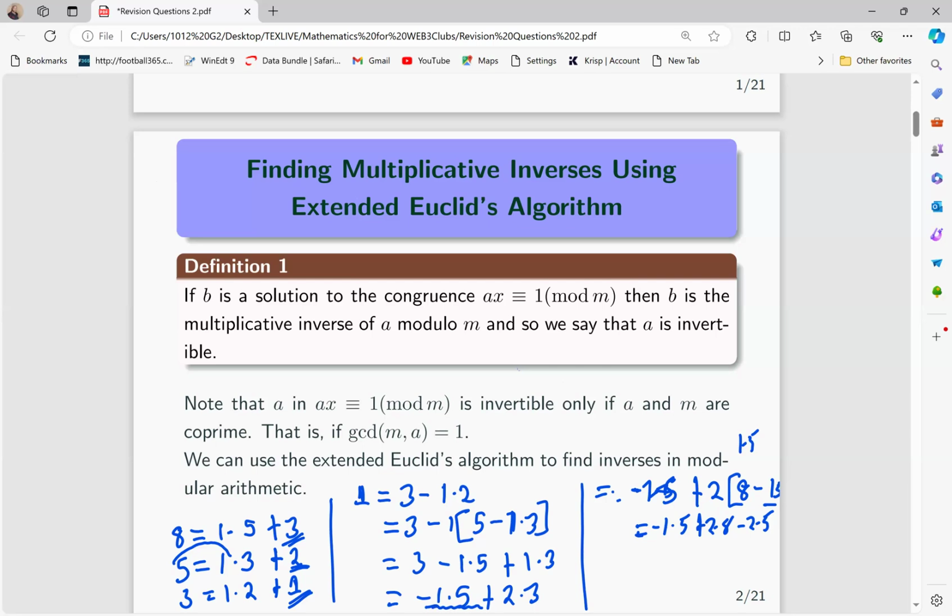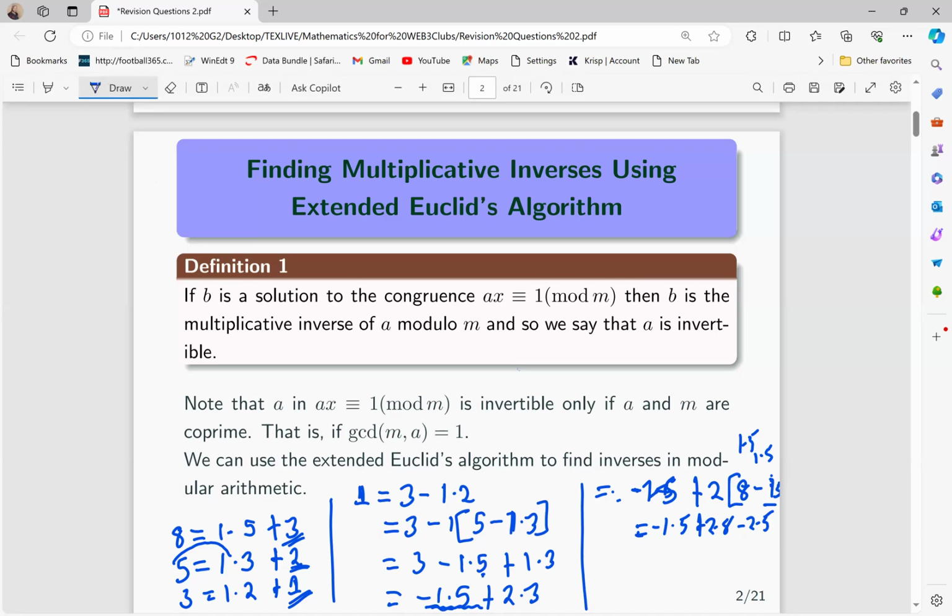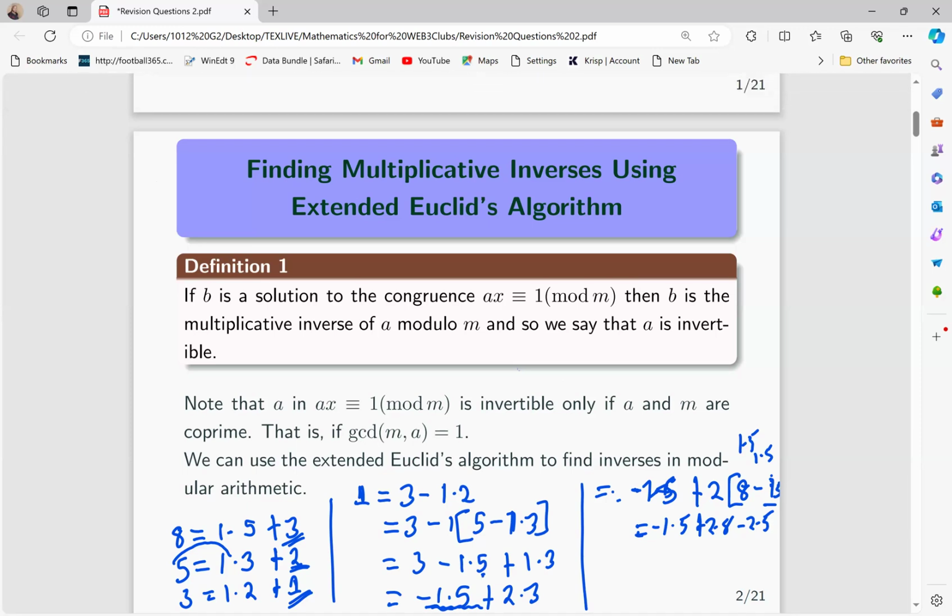It's this part. Then the 2 point, it's 2 times 3.